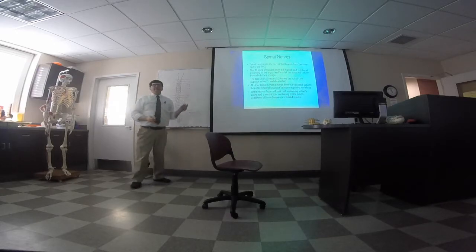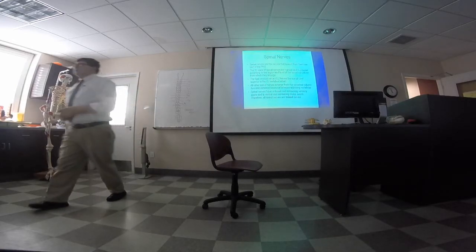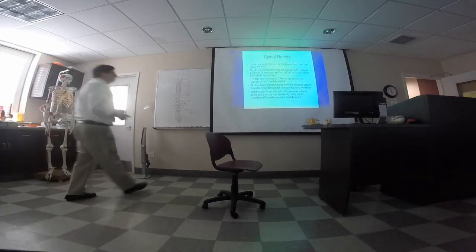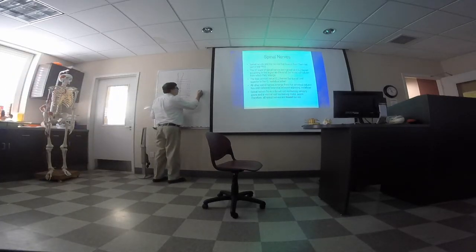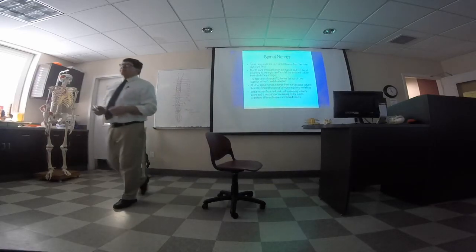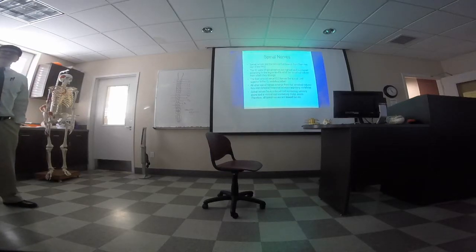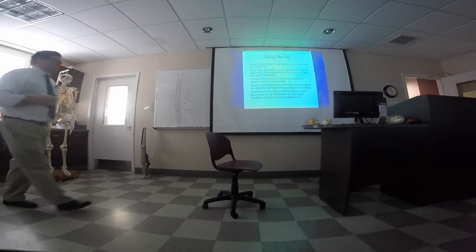That dorsal root contains only sensory axons, whereas the ventral root contains only motor axons. So when they join together to form the spinal nerve, the spinal nerve is a mixed nerve. It's going to contain both motor and sensory axons. Whereas the dorsal root is purely sensory and the ventral root is purely motor, the spinal nerve, formed by the junction of these two, is mixed.